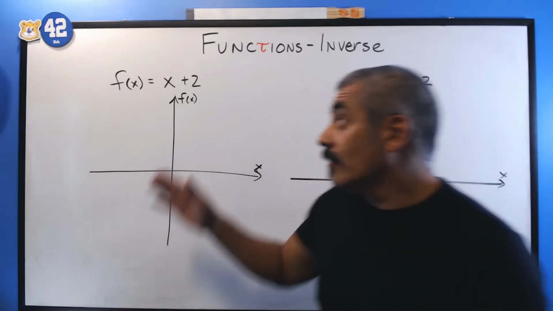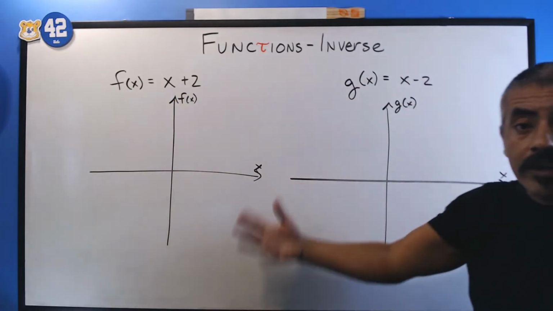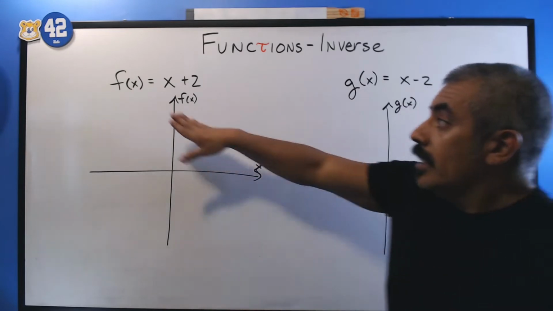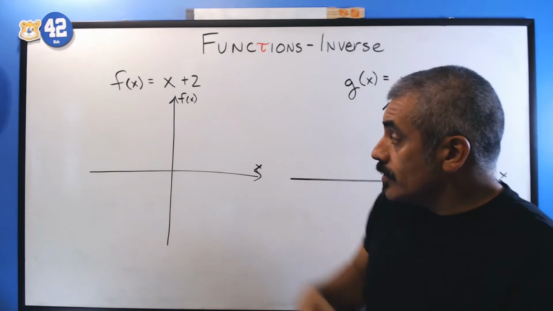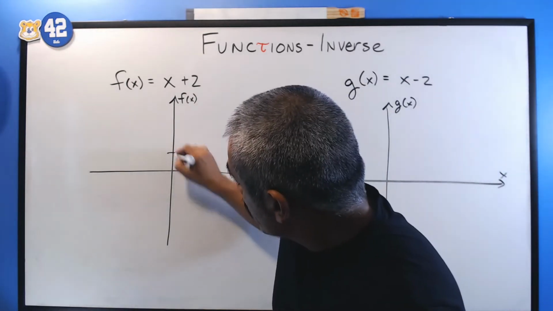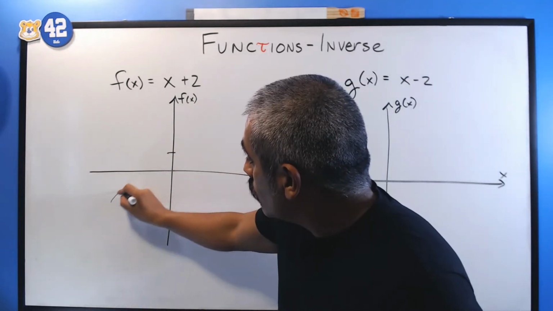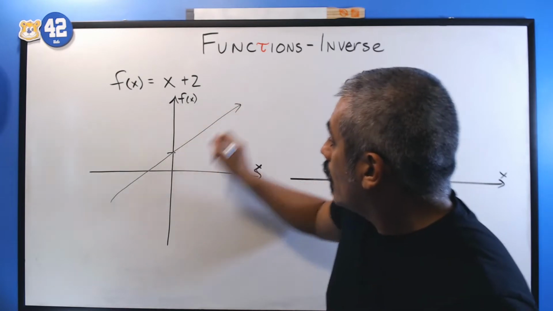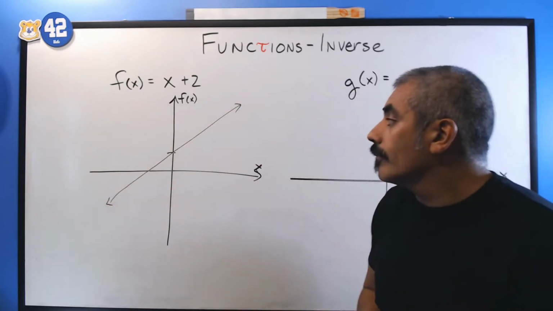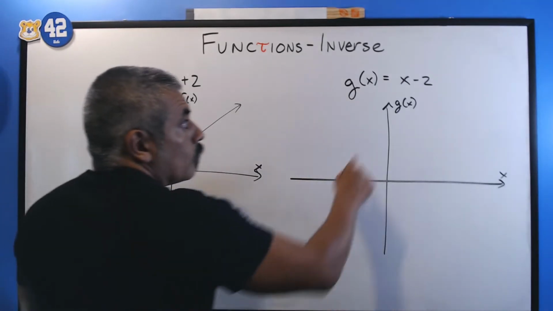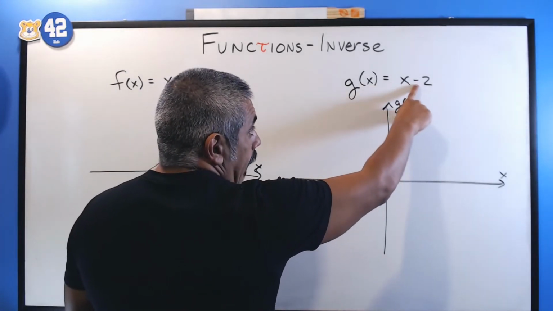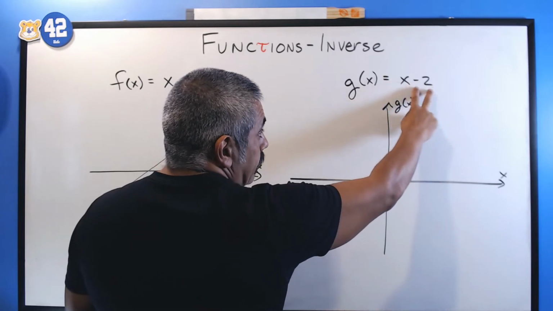Now let's take a look at the graphs of f of x and g of x and see if we can figure out what's going on. f of x is a line with a slope of 1 and a y-intercept of 2. So I'm simply going to go like that, and I know this line goes like that. On the other hand, g of x, while it does have the same slope, it has a y-intercept of -2.